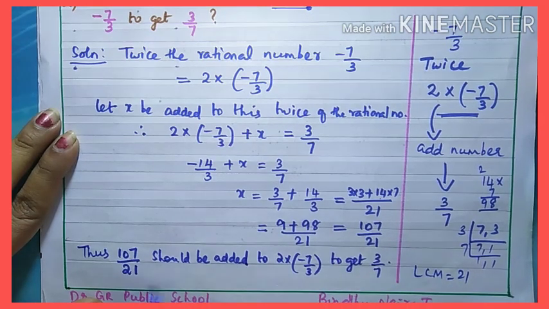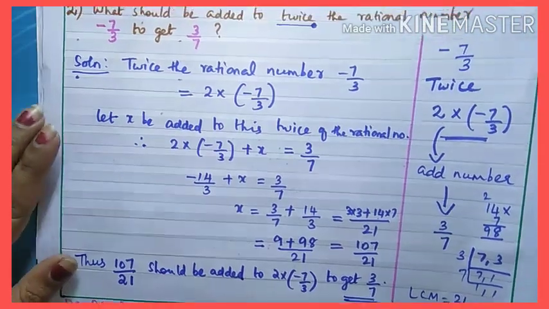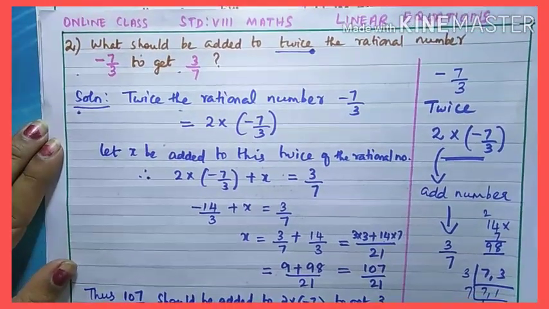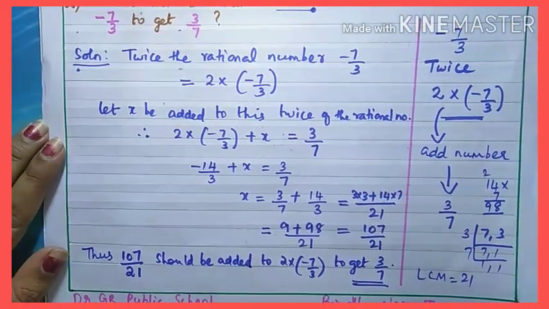As per the question, I wrote the answer. Okay. So this is the required answer to be added with twice the rational number. Okay, children, understood? So read the question properly and find the equation. So that is the answer of the second question.